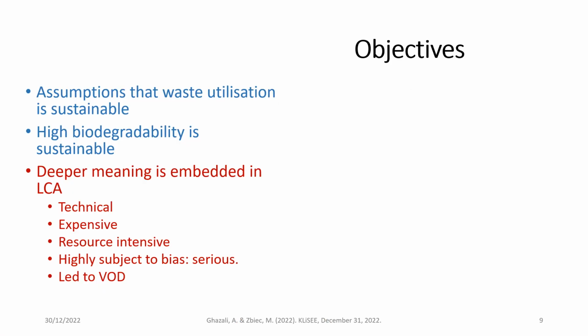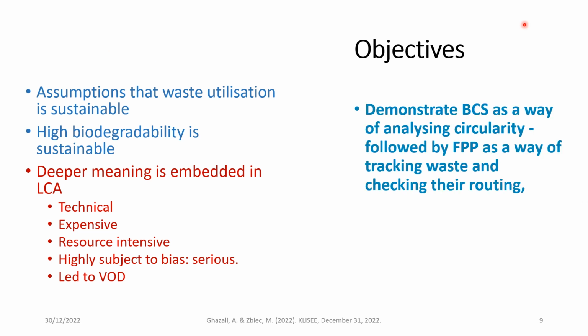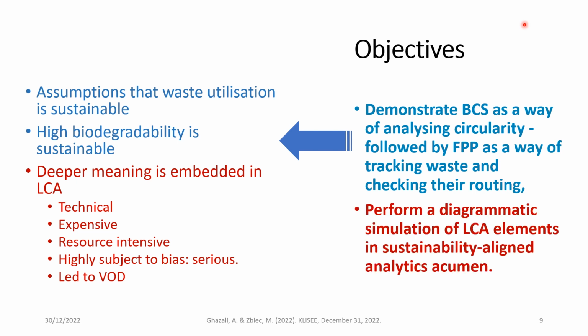All right, that said, to troubleshoot the issue, this study demonstrates the use of BCS, Biomass Circularity Science Model, to identify waste and points of discharge for its generation. Next, each commodity is mapped to a product and detailed with the processing steps to assess complexity, done with FPP or feedstock process product framework.